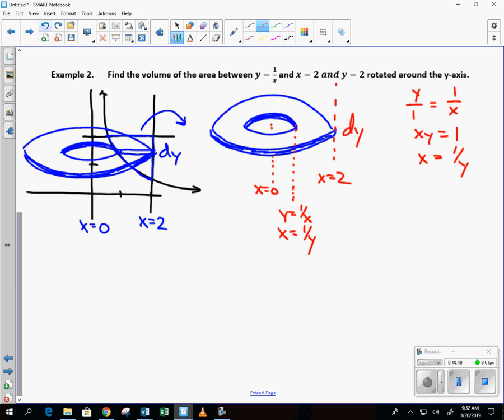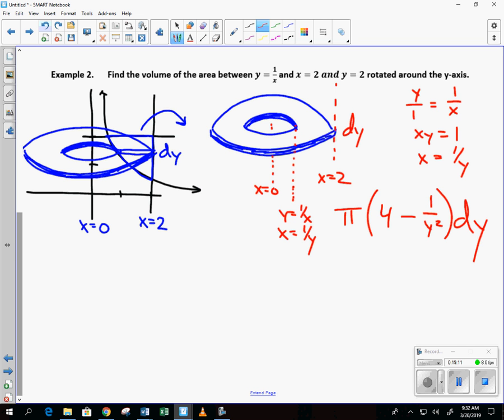So that means the volume of this guy that you see right here is going to be equal to pi times, what is big R? 2, squared is 4, minus, what's little r? 1 over y, squared, dy.